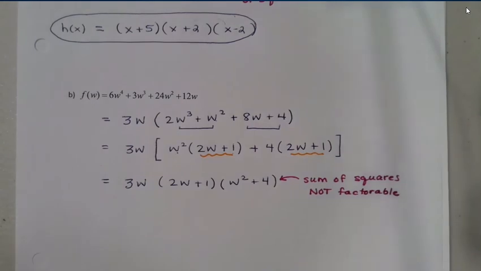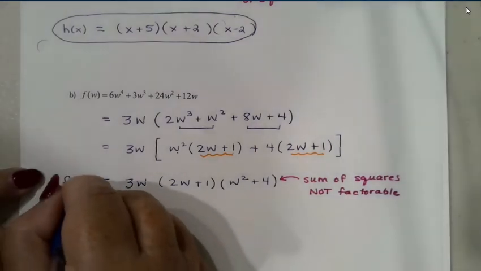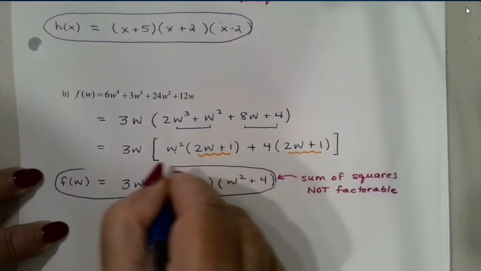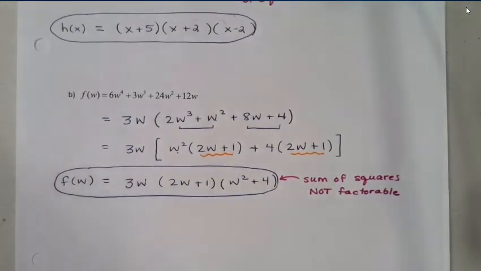So this is actually my final form. This is the factored form of f of w. All right, so that's what you do if you have 4 terms. Try that grouping method.